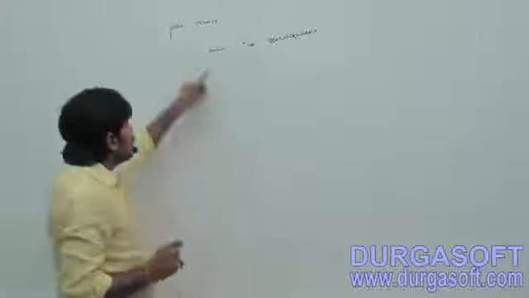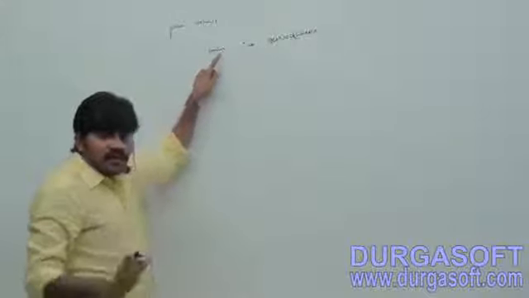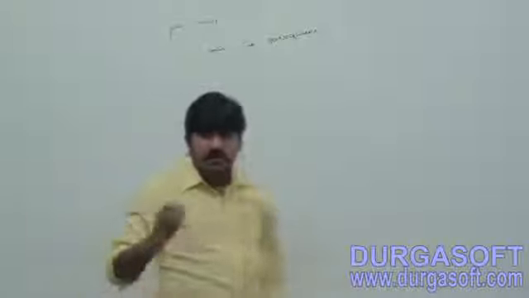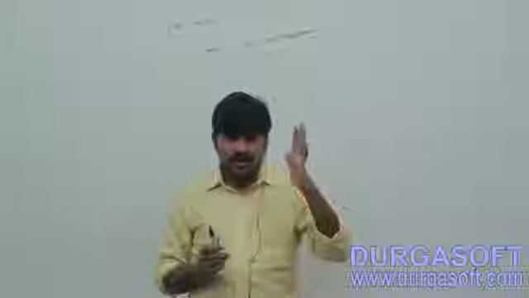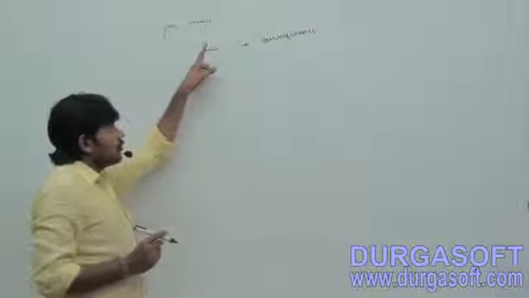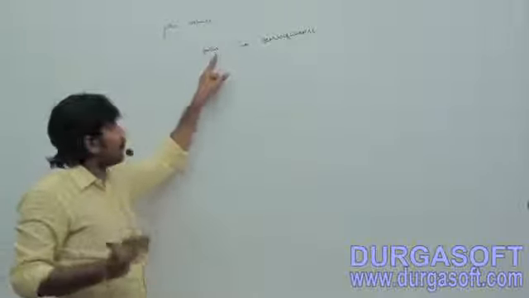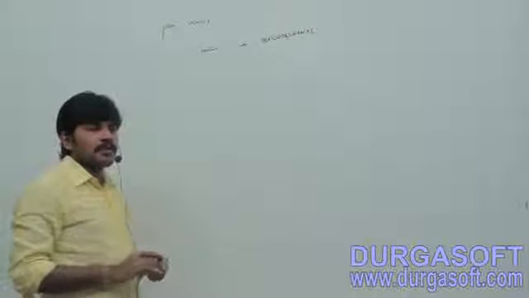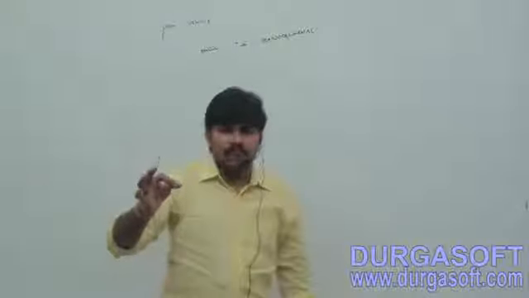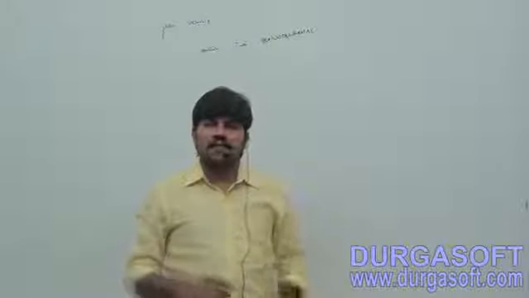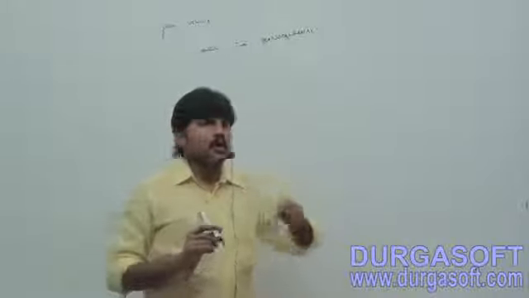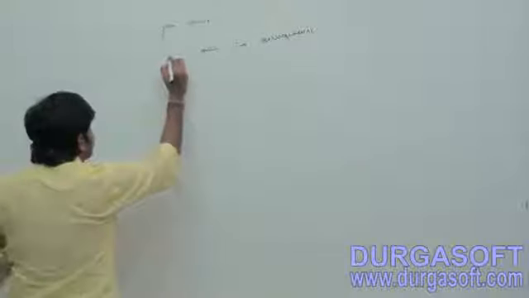Until and unless we know the type of vehicle, we can't implement it. But no problem at all. Even if you don't know about the implementation, we can still declare a method. That thing is possible with the abstract modifier, right?